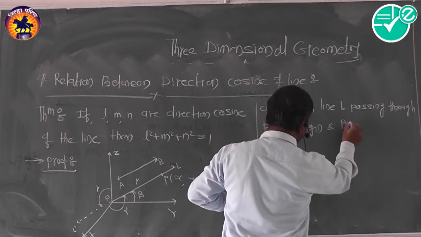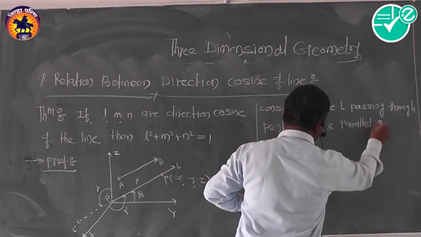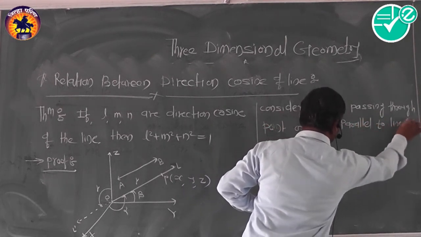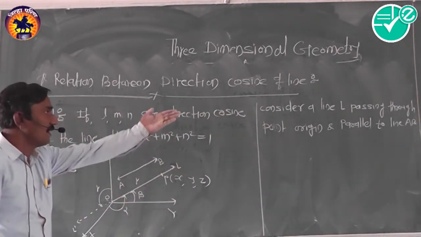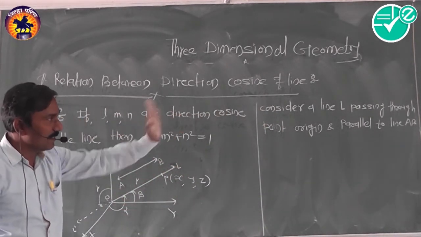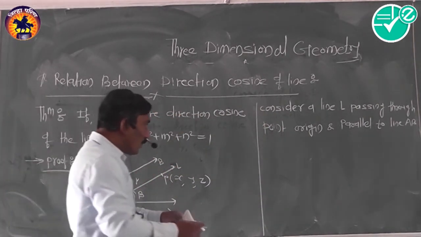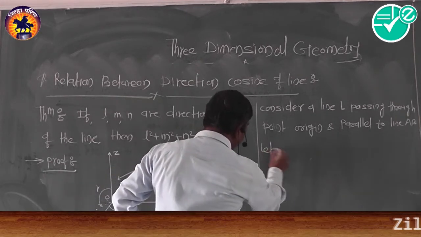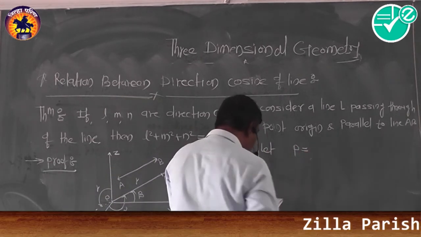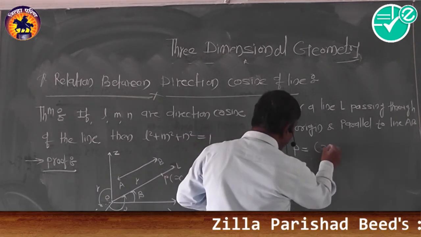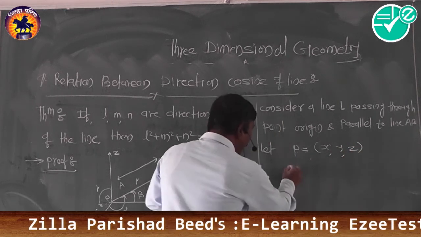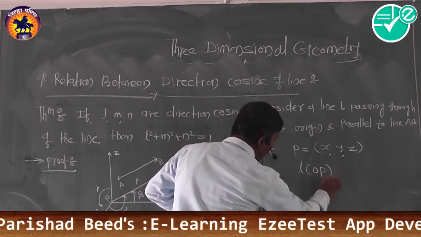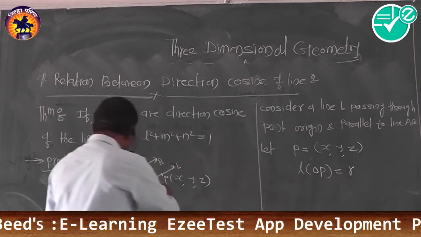Just as we have discussed first, now we can write here. Let P be a point on the line L whose coordinates are x, y, z, and then the length of OP is equal to r.